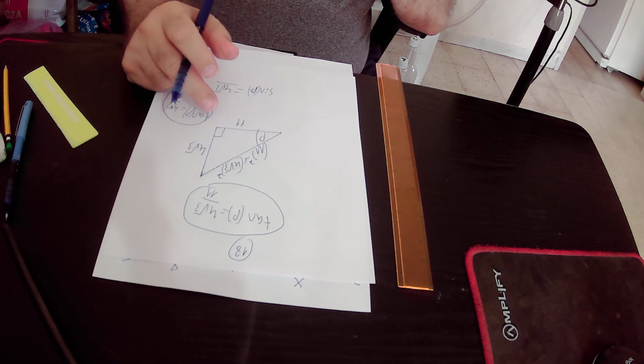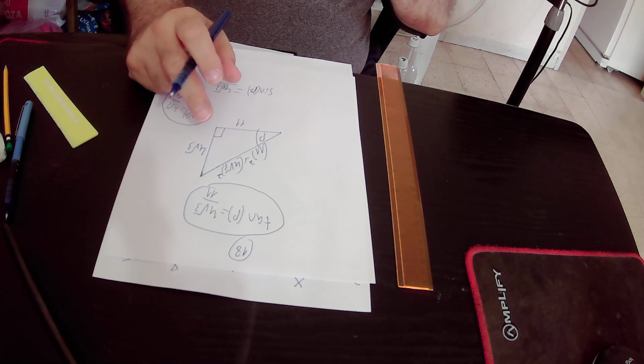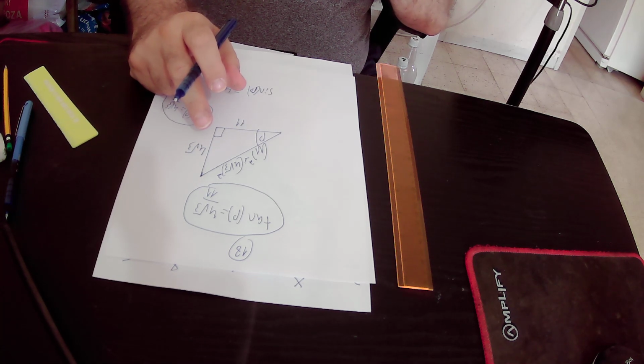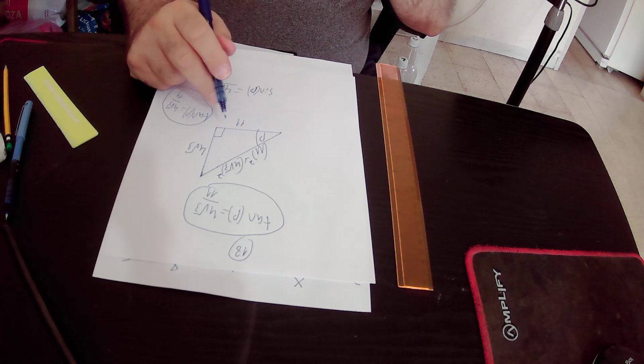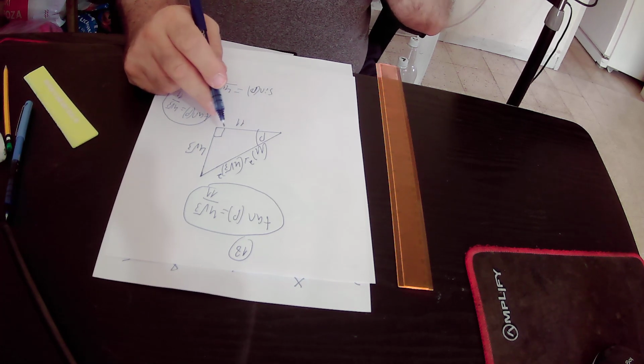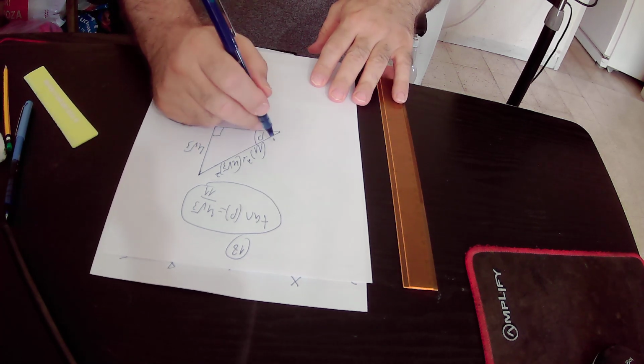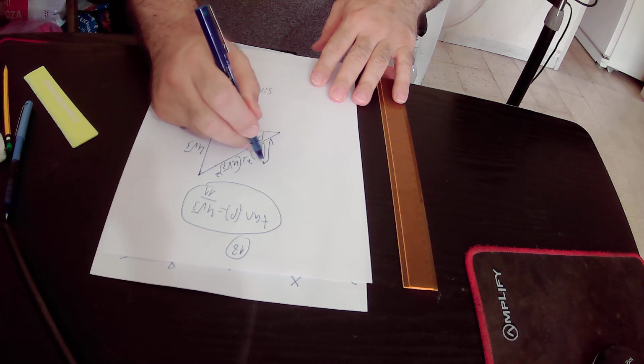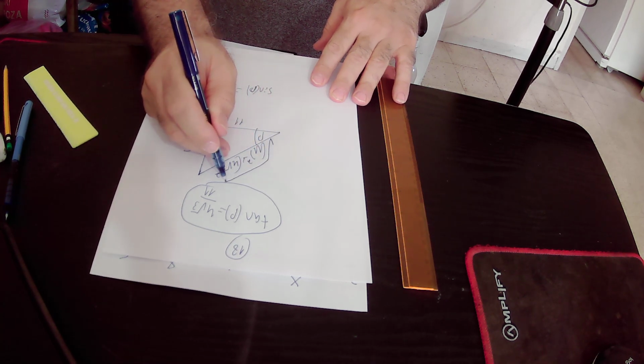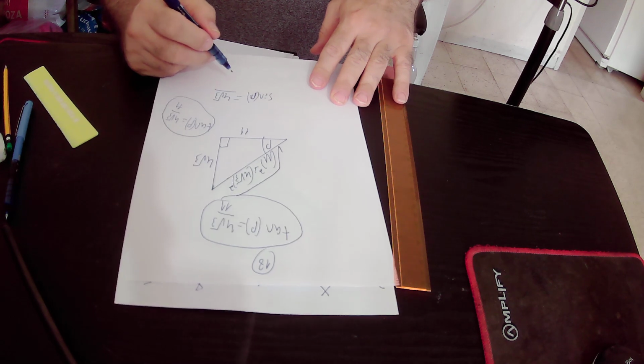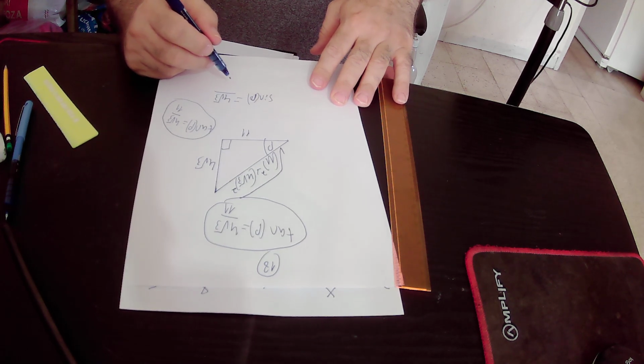But we don't want the square of the hypotenuse, we want the hypotenuse itself. So if we take the root of the square of the hypotenuse, we will get the hypotenuse.